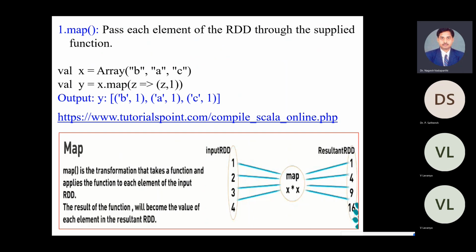The first one, see here, all of you: map. Map is a transformation. It passes each element of the RDD through the supplied function. So map is a transformation function. I'm explaining the first example. I'm taking a data set.